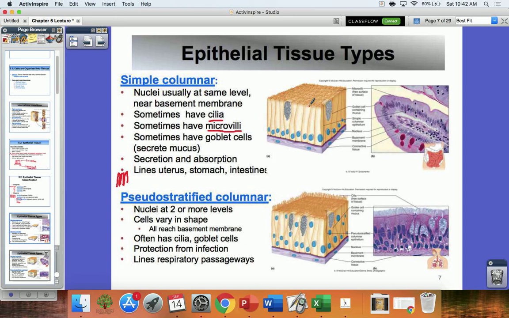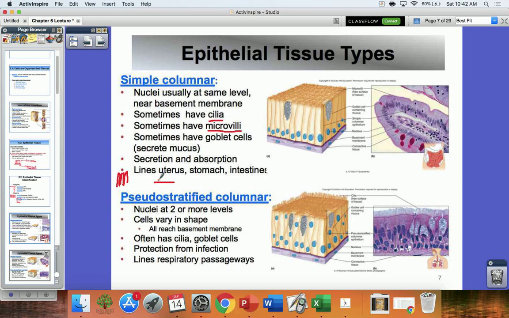But because we have all these projections, now things can be absorbed from all over these projections instead of having just a flat free surface. So it's a lot more area to absorb materials from if it's like this than if I'm just absorbing it from this flat surface. So that's why it's so important to have microvilli on these cell types, because they're found in places like the stomach and the intestines.